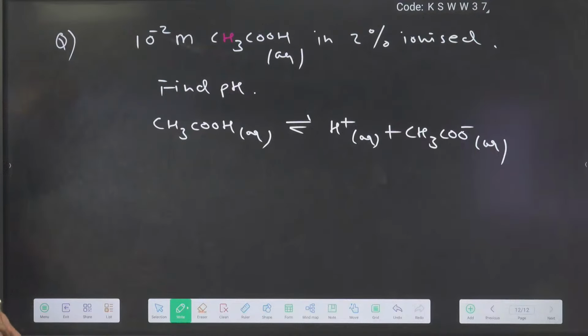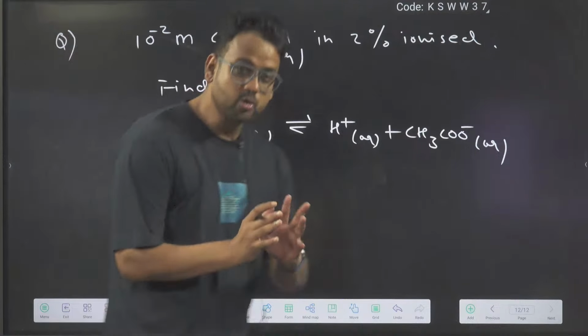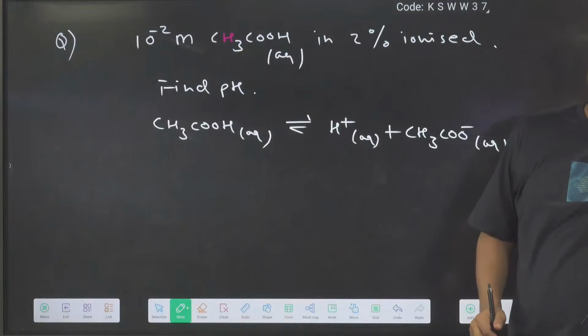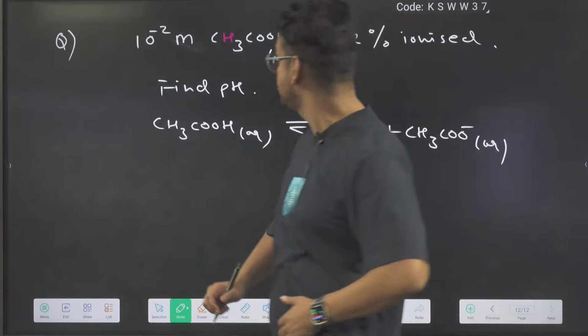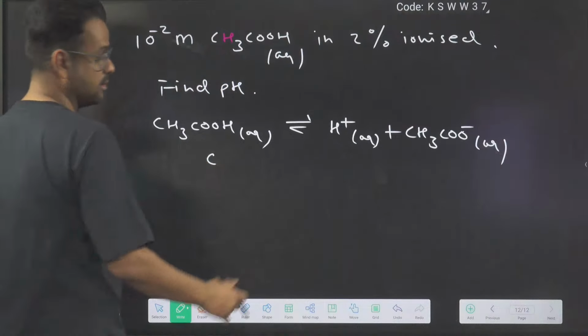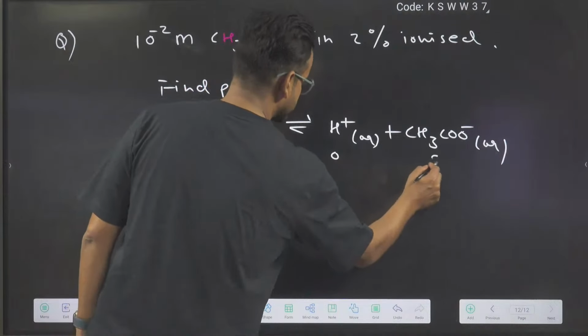Anyone ready with the answer? Do you know how to write the progress using alpha? This is C, this is 0, this is 0.